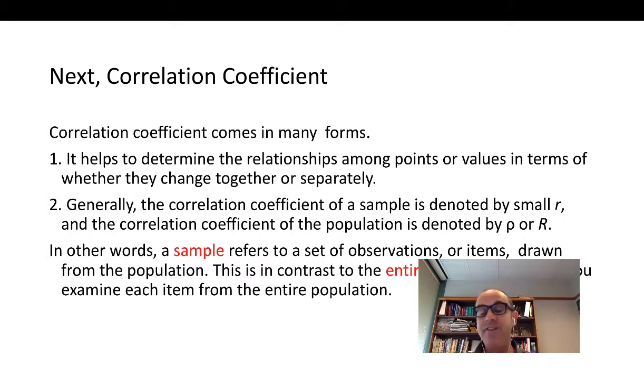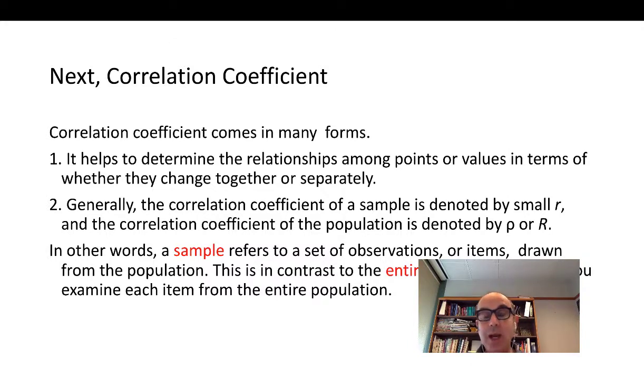Another form of analysis with regard to bivariate is the correlation coefficient, and it comes in many forms. It helps identify the relationship among points or values in terms of whether they change together or separately.